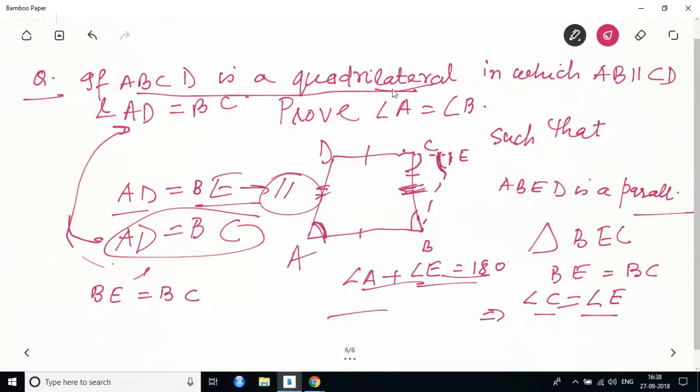Now try to understand. So I can write this angle E as 180 degrees minus angle A. Can I write it?